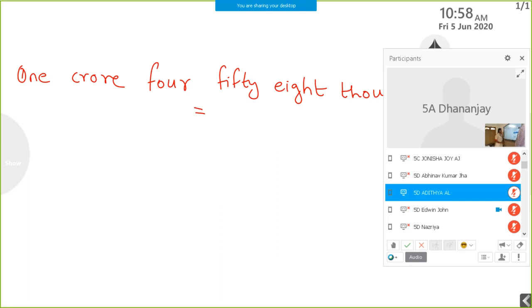Aditya AL of 5D, can you give the answer? Can you write the numeral for this question? 1 crore, 4 lakh, 58,000.